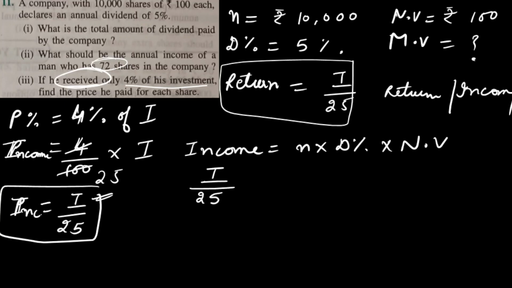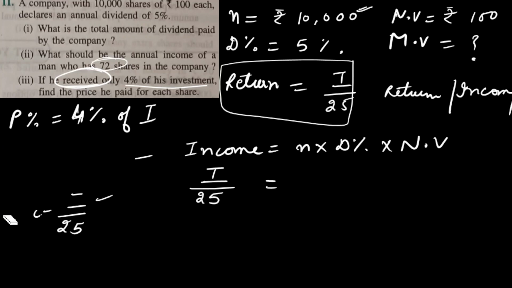So I am just substituting here. Number of shares is given to us: 10,000. But we will not substitute that, because if you want you can substitute and get the value of I, but it's not required. Our main motive here is to find market value.